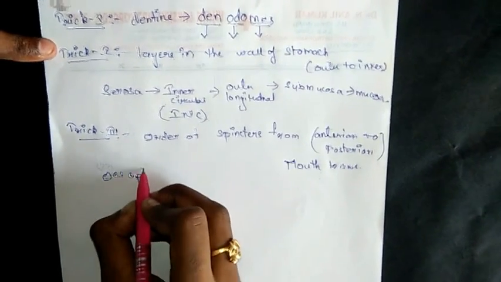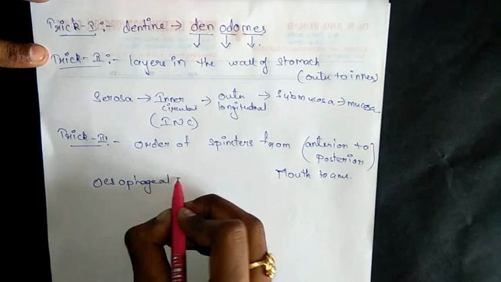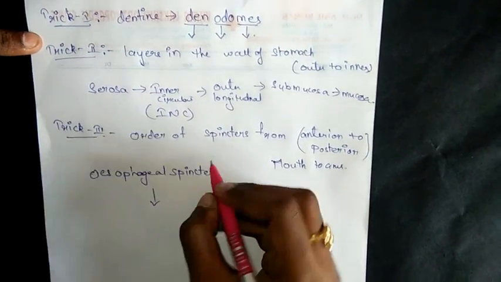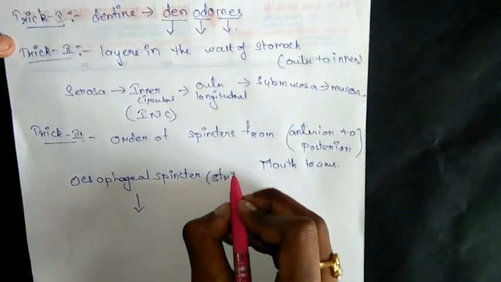The first sphincter is the esophageal sphincter, which is made up of striped muscles.